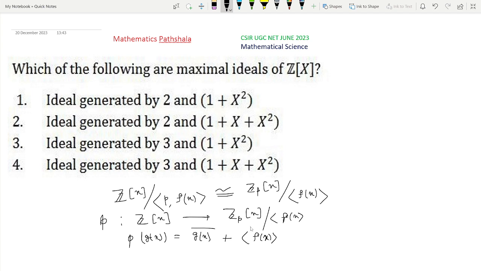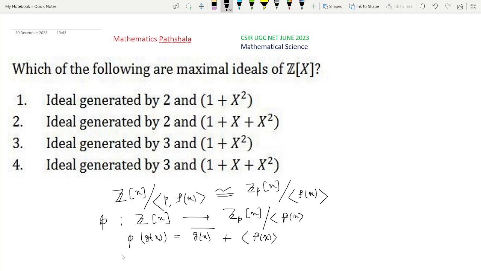So the codomain is a quotient ring. So any element of this ring will be of the form some polynomial in Z_p[x] plus this ideal. So how is it defined? Phi g(x), if we take g(x) belongs to Z[x], then phi g(x) is class g(x) plus the ideal of f(x). This class g(x) is obtained from g(x) by congruence modulo p, that means taking remainder of each coefficient when that is divided by p.